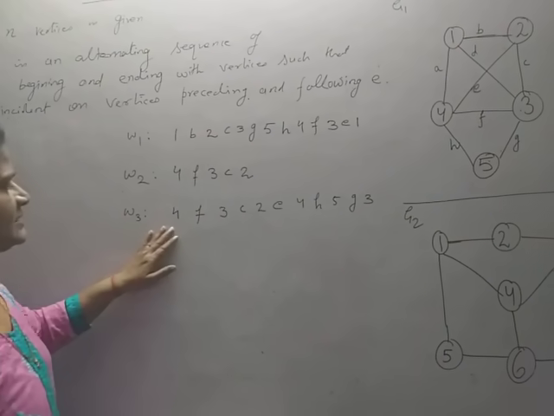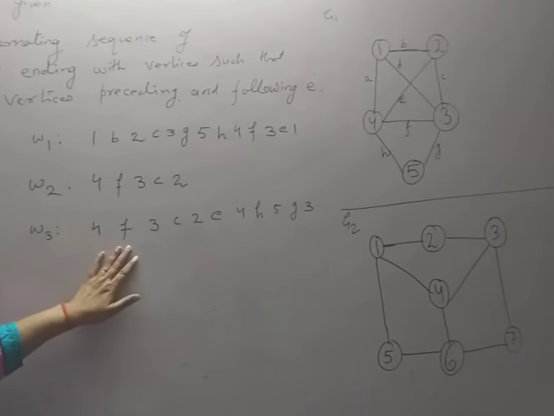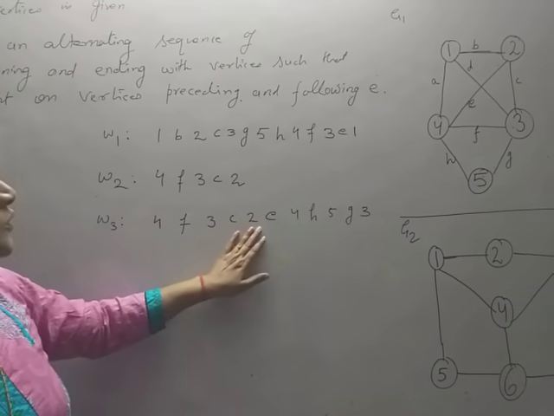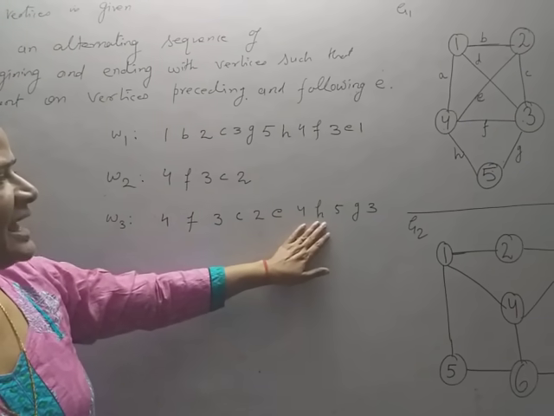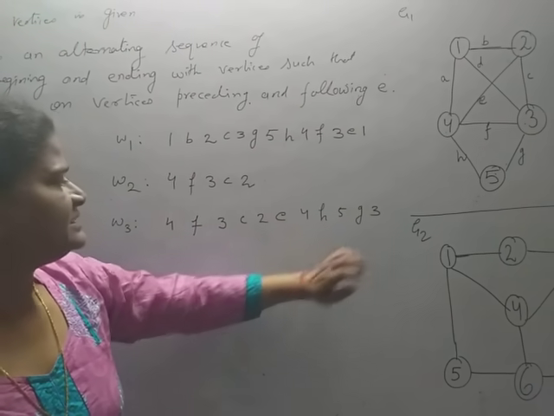Here is another walk: 4 F 3 C 2 E 4 H 5 G 3.